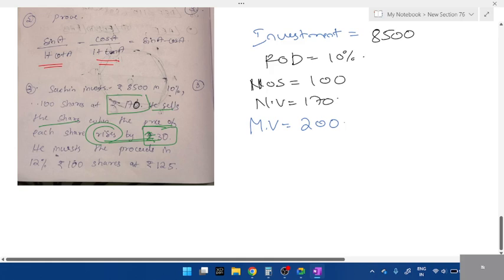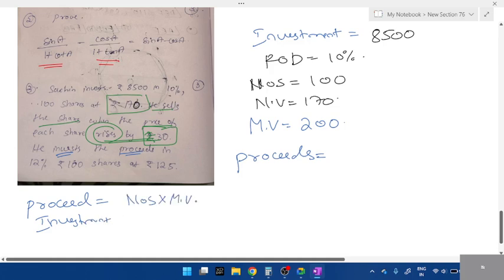Second part. He invests the proceeds. Can you see the word proceed? Whenever proceed is given, you have to find the proceeds, students. We use the investment formula for proceeds. What is the investment formula? Yes. That is the proceeds: number of shares times market value, which is 200.